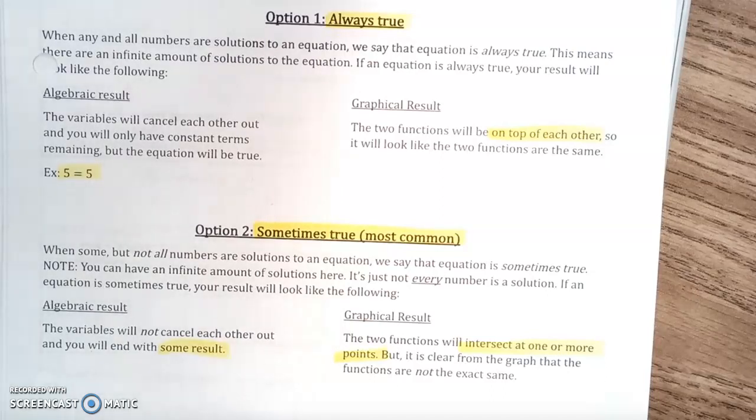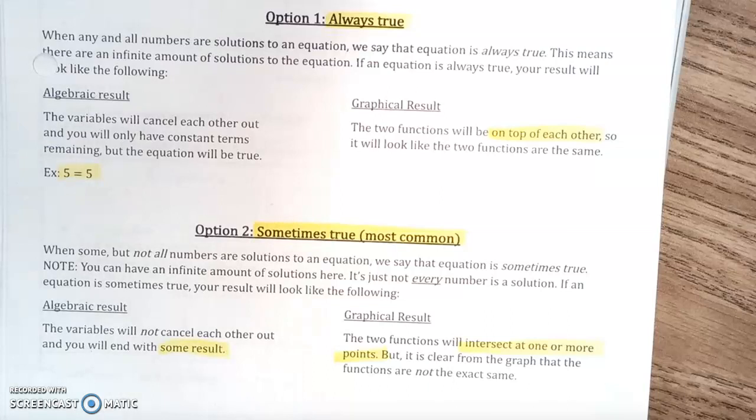If an equation is always true, your result will look like the following. Algebraically, something is going to happen, and graphically, something is going to happen, so you can look at it either way or both ways to verify your result. Algebraically, the variables will cancel each other out, and you will only have constant terms remaining, but the equations will be true.